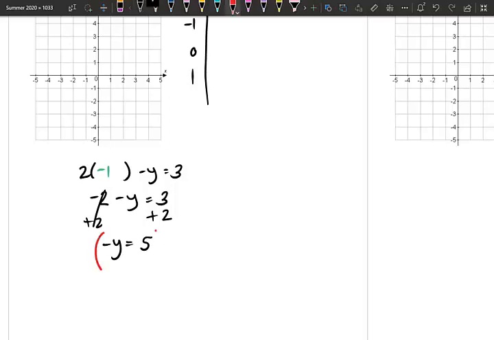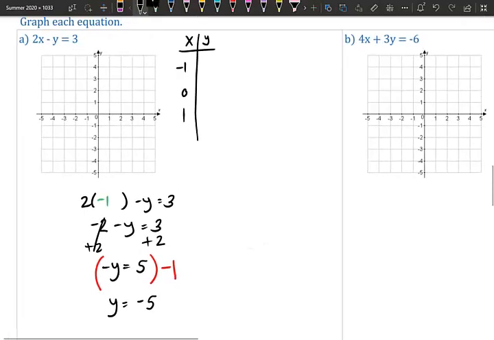So we're going to multiply by -1. All that does is change the signs. So -y becomes +y, +5 becomes -5. And that's our point: -1, -5. And we can plot that right now. Starting at the origin, 0, 0, I'm going to go left 1, down 5. And there we go.